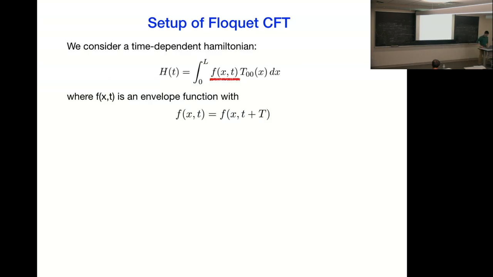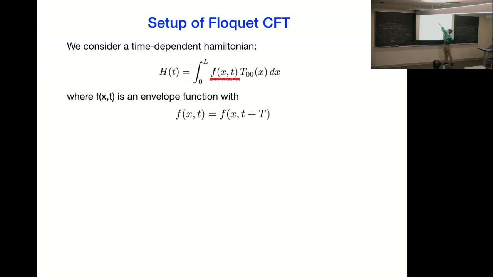Let me first introduce the setup of Floquet CFT. Oh, I forgot to mention: Floquet simply means you drive the system periodically in time. So what do I mean by driving the system in time? Here I simply mean we consider a time-dependent Hamiltonian.